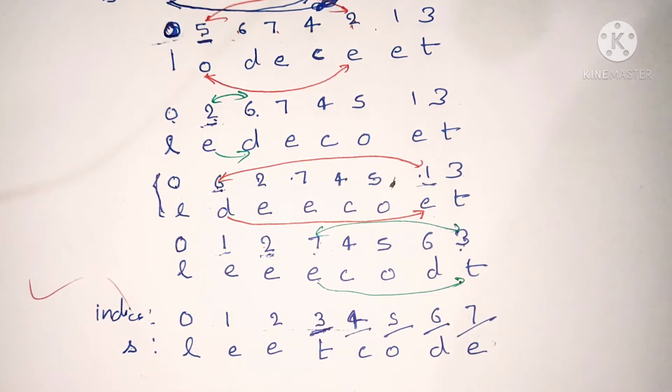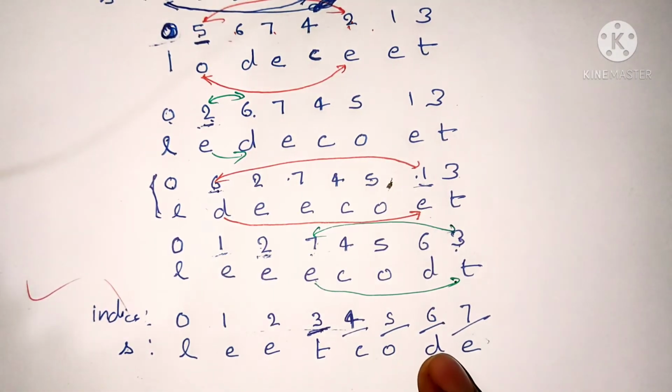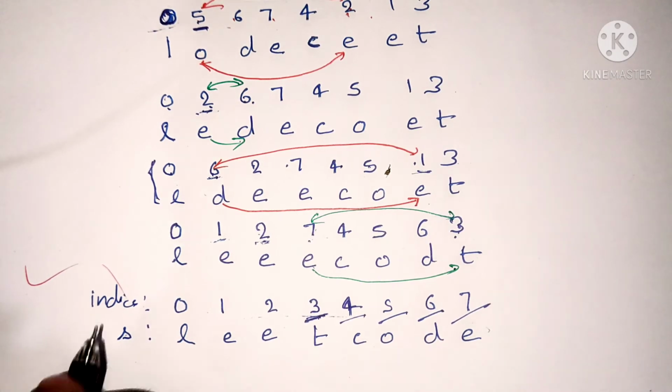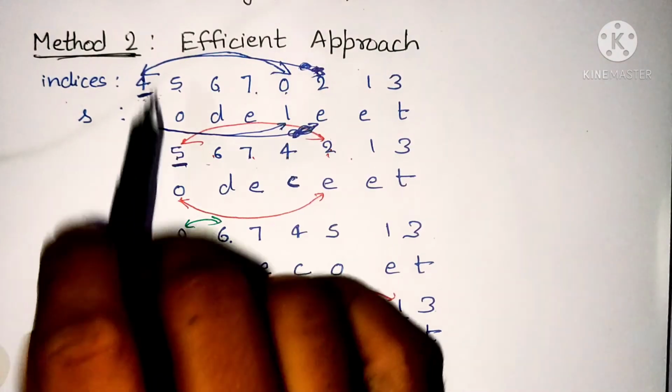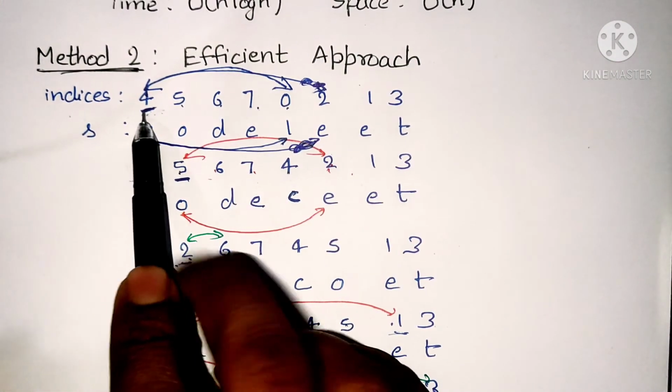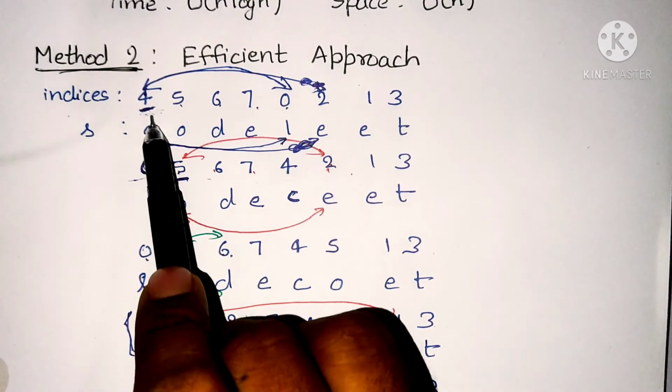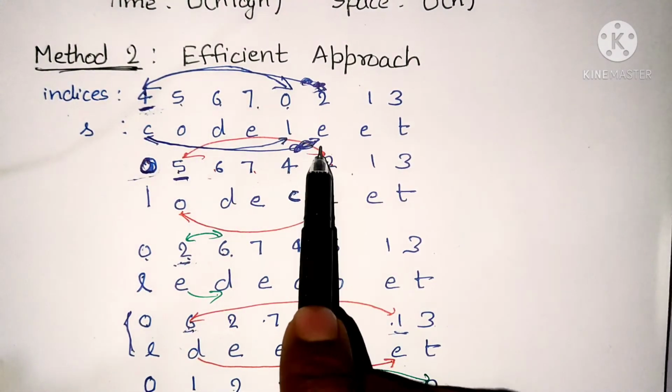So can you imagine what should be the time complexity of this problem? How do we do that? So we can intuitively say that, starting from here, in the first iteration this element was placed at its correct position, right?